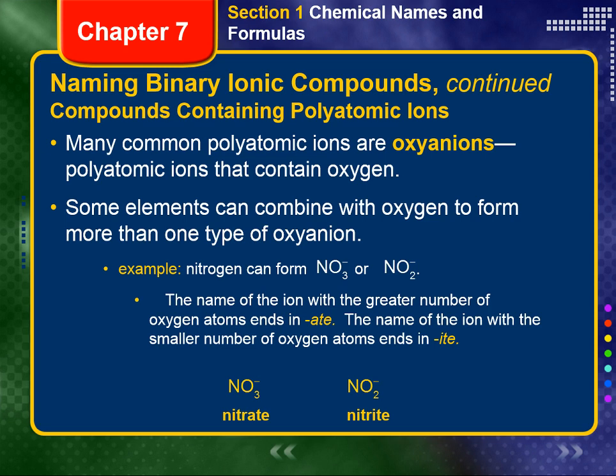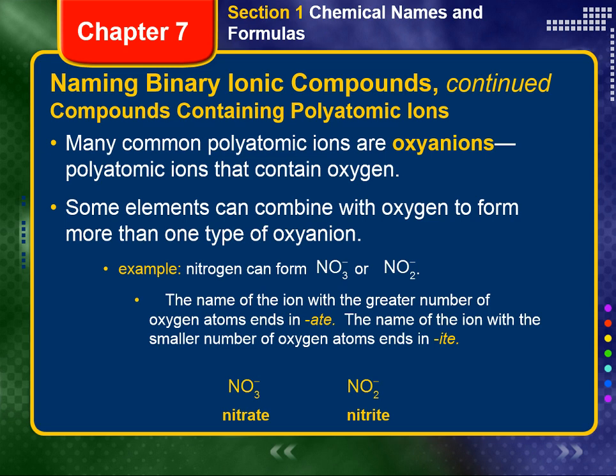Nitrogen and oxygen, for example, are combined in both NO3- and NO2-. When naming compounds containing such oxyanions, the most common ion is given the ending ATE, ate. The ion with one less oxygen atom is given the ending ITE, ite.